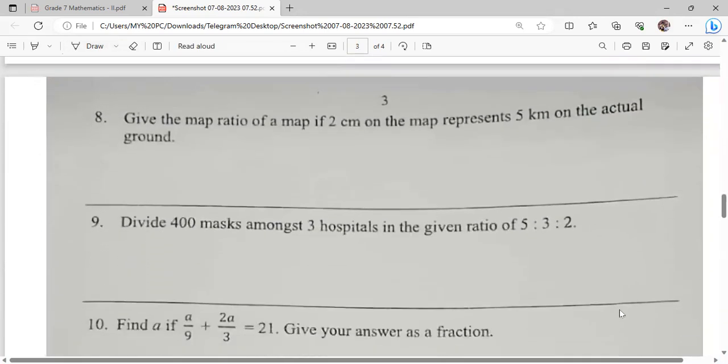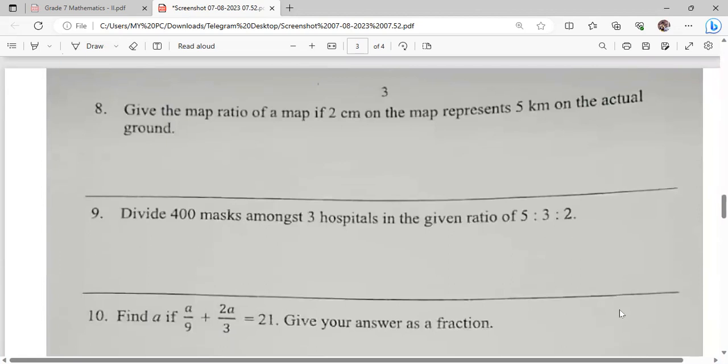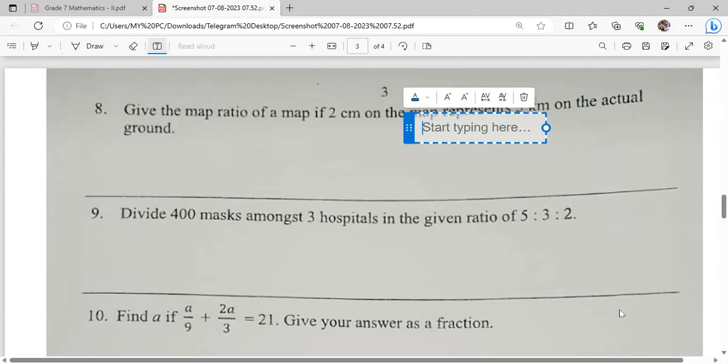Then the next one, question number 8, give the map ratio of a map. Here, children, you want to recall your knowledge. What do you mean by the map ratio? It is distance on the map to distance on the ground. So this is the map ratio.